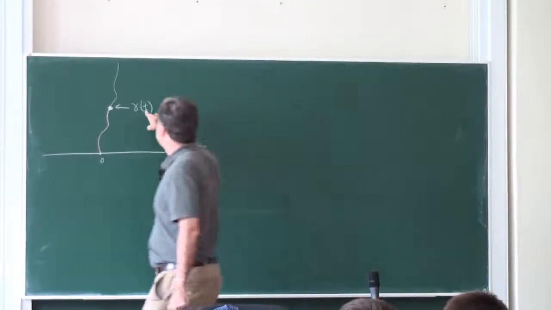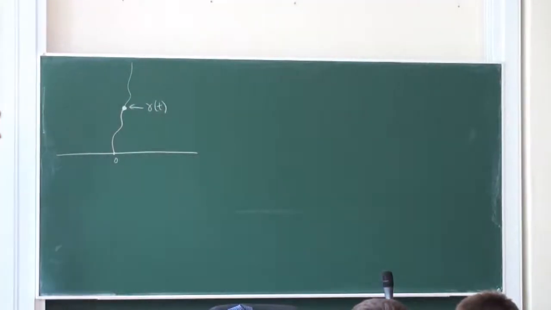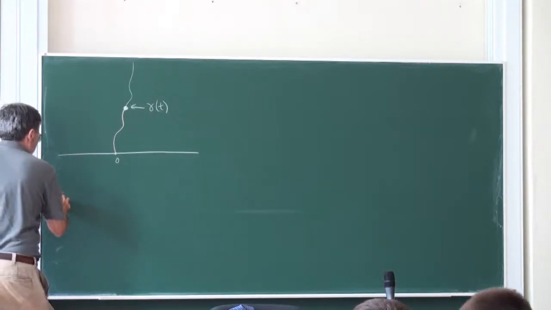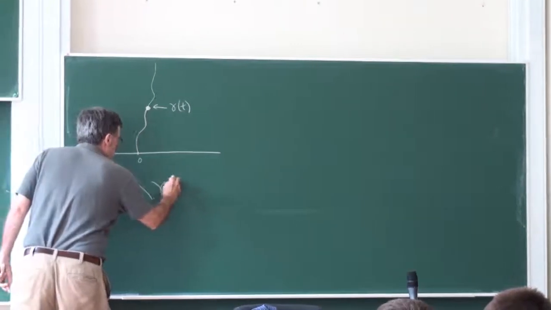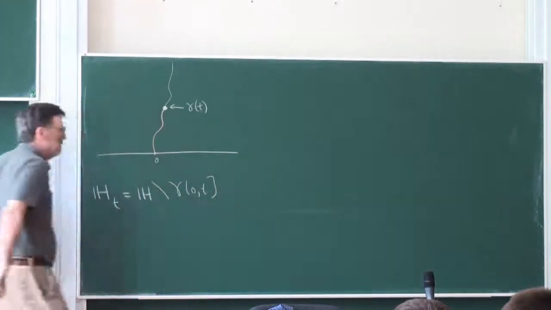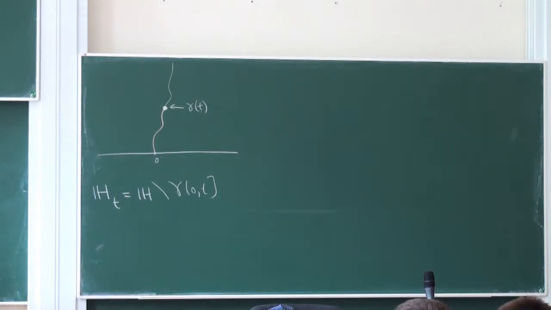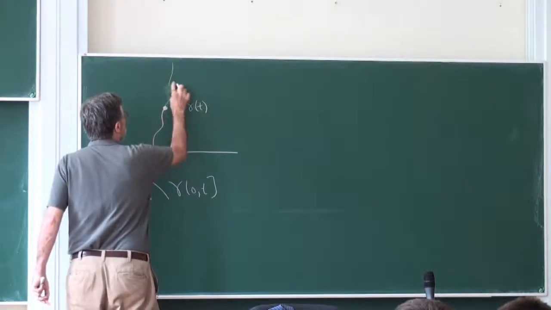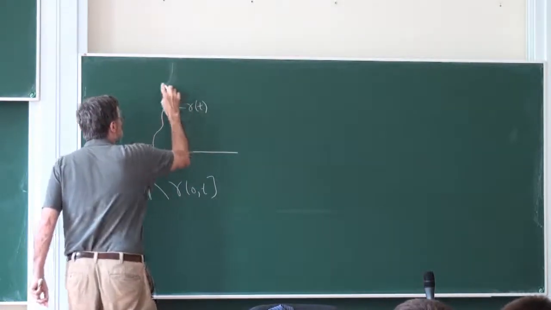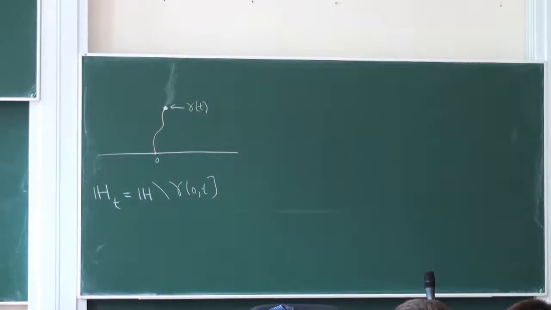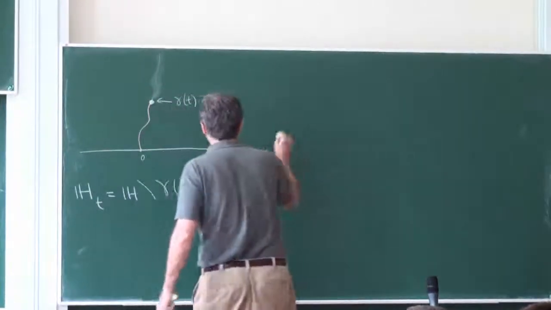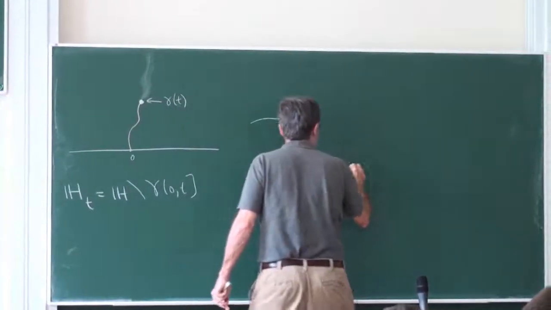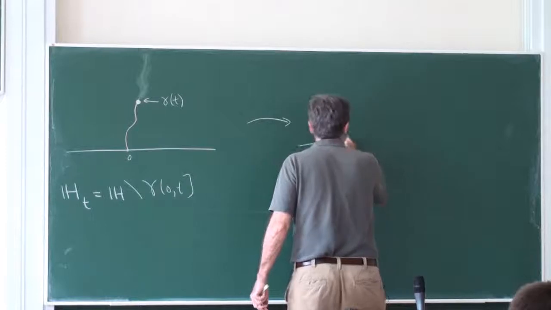So for any fixed time t, I have the domain, which I'll call H_t, which is H minus gamma[0,t], the slit domain. Right now, we're really focusing on this right here. And what we're going to do is map this domain back to the upper half plane.